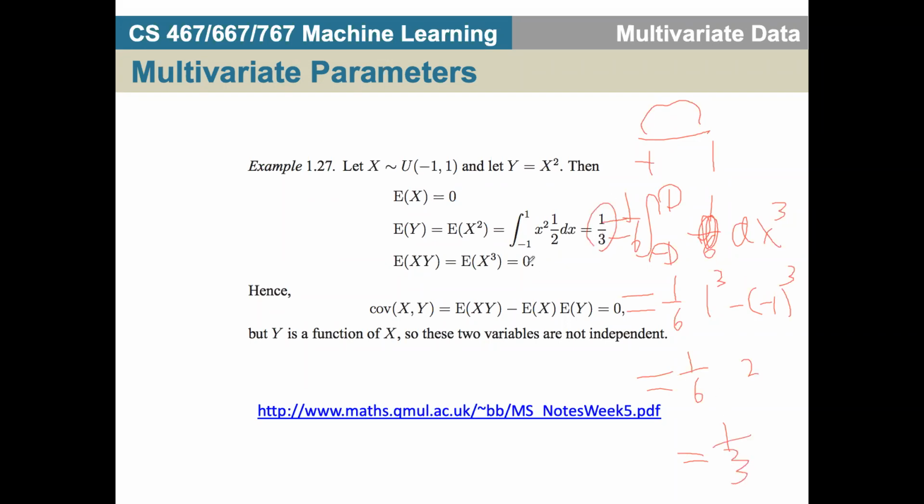So put simply, the expectation of y is going to be something positive, 1 by 3. It's not difficult to understand.